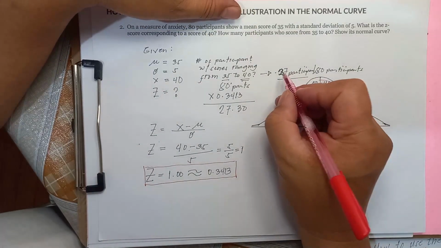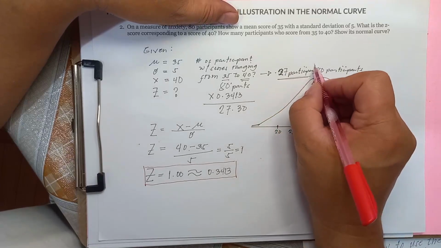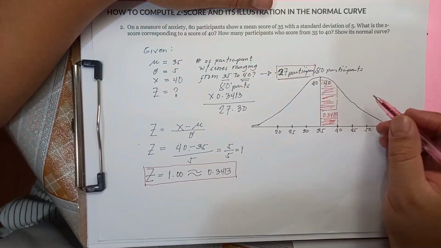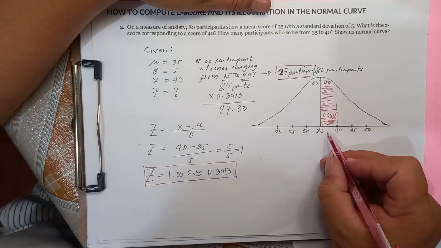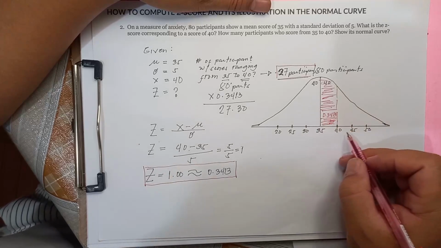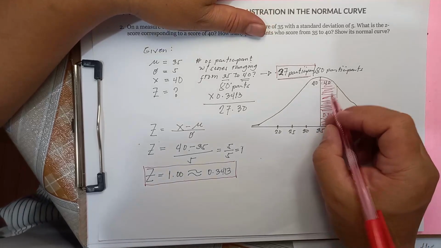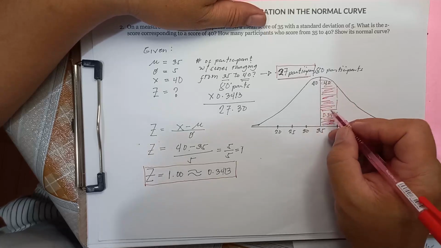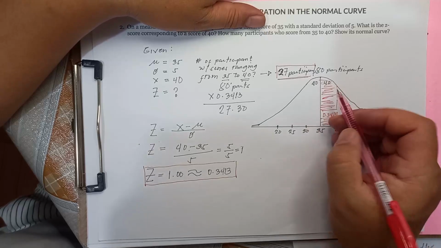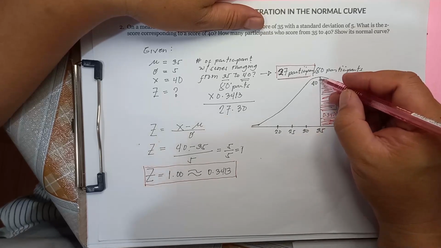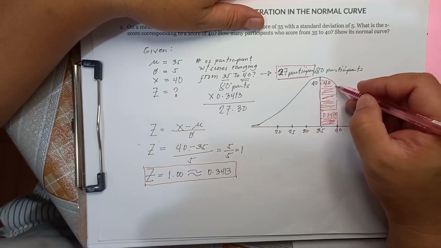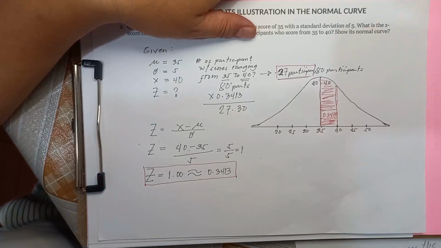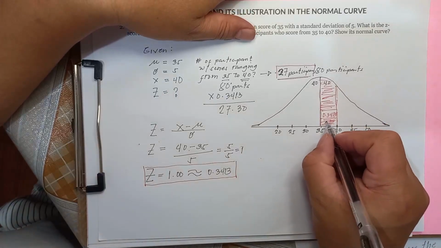There are 27 participants with a score ranging from 35 to 40. So if on this side it is 40, from the center of the curve it is 27 participants.